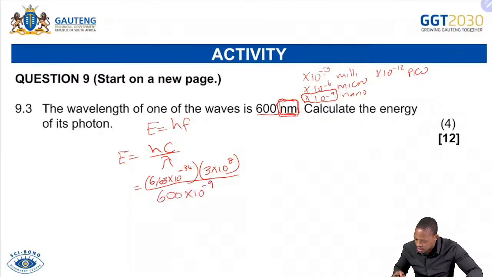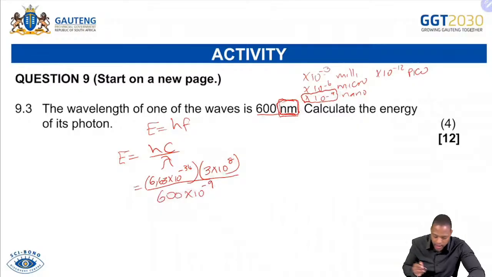So 6.63 times 10 to the power of a negative 34 multiplied by 3 times 10 to the power of 8 all over 600 times 10 to the power of a negative 9.